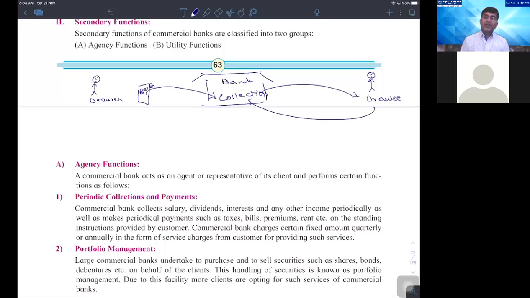Similar to that, आपके electricity bill payments के लिए, similar to that, आपके कोई mutual fund के payments के लिए, या फिर अगर आपको कहीं से income आने वाली है, तो they collect those incomes on behalf of you. And generally, for these kind of services, the banks do not make any kind of charges, except the situation where they are collecting the bills for you at your own request.